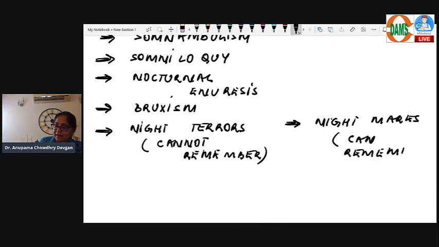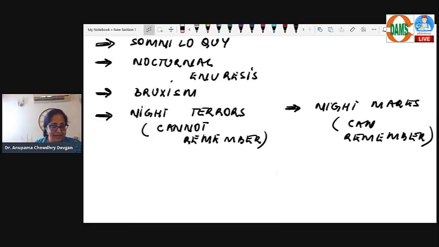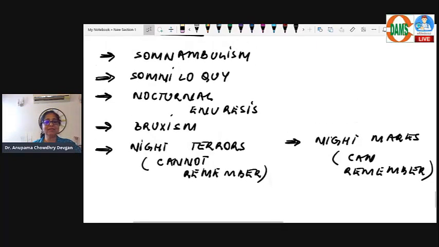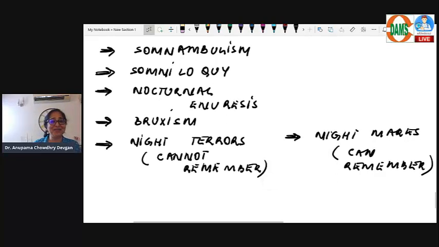Night terrors and nightmares. Somnambulism, sleepwalking. Somniloquy, sleep talking. Nocturnal enuresis, bedwetting. Bruxism, teeth grinding. Night terrors is what you cannot remember, and nightmares is what you can remember.